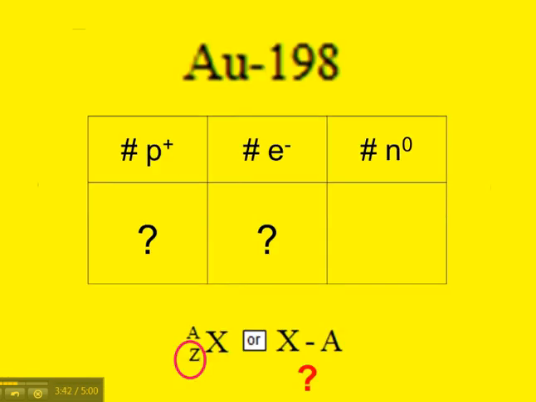What if you're given the alternate form of notation? Try this now. How many protons, electrons, and neutrons are in this atom of gold? The issue here is that the right-hand form at the bottom doesn't show us the atomic number, so we don't know the number of protons or the number of electrons.